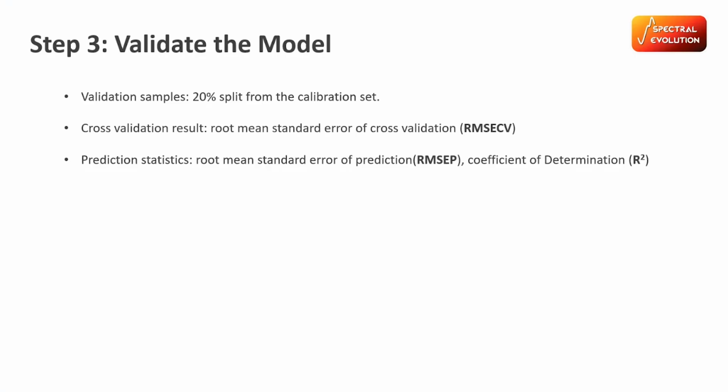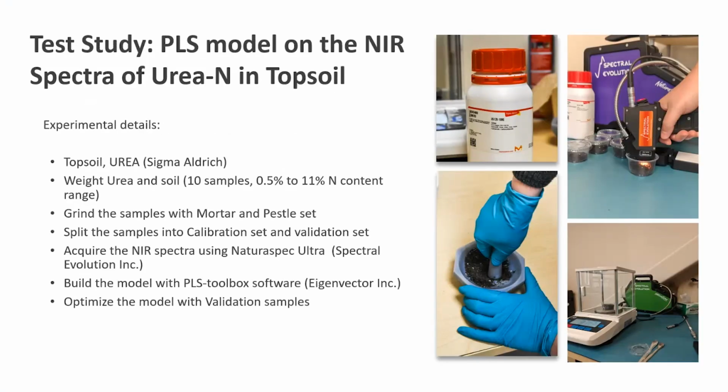These metrics show how accurate and reliable the model's predictions are for new samples. The lower the RMSEP and the higher the R squared, the better the model's performance. So it's important to understand how well your model is working when doing this.